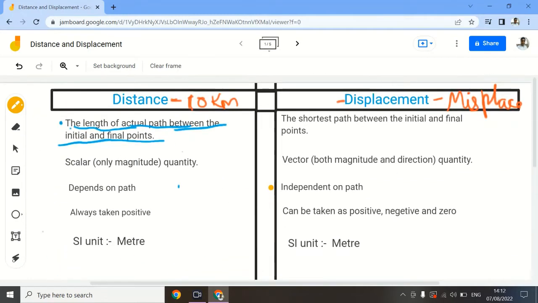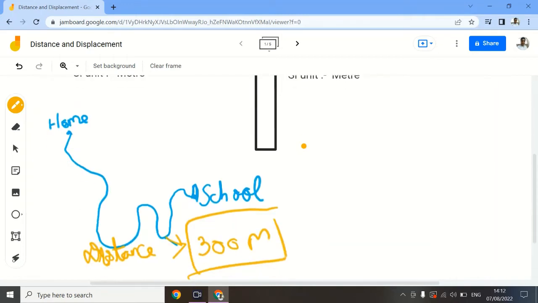Moving on to displacement. What does it say? It says the shortest path between the initial and the final points. So here also, if this is your home and this is your school, this is the displacement, which has the shortest path.